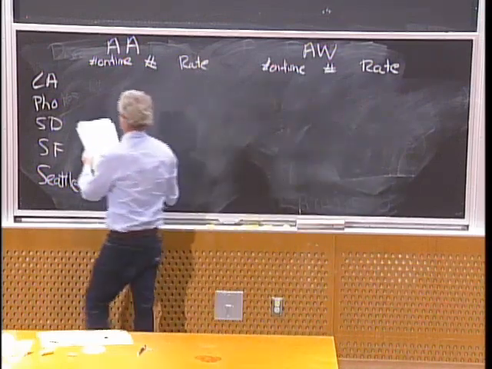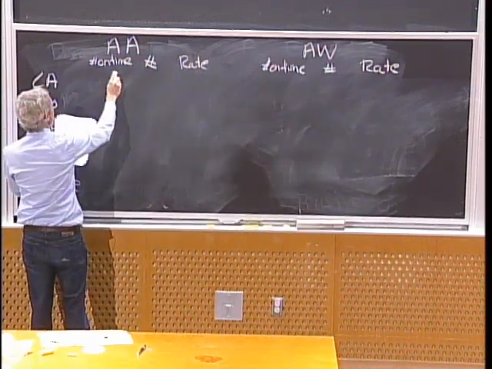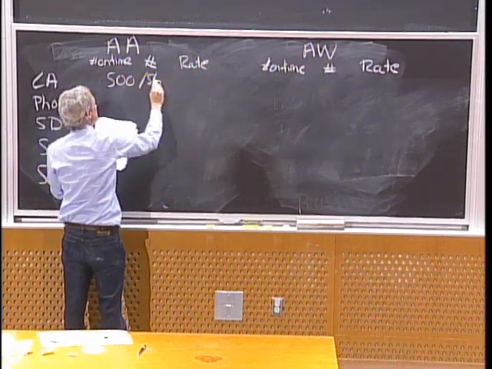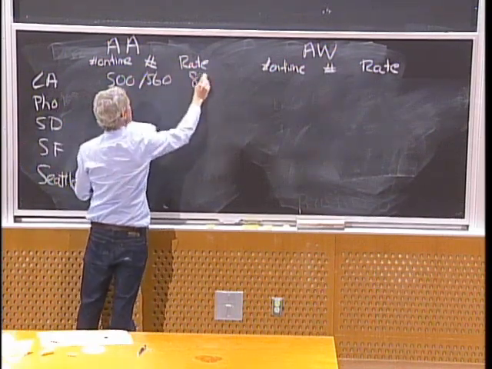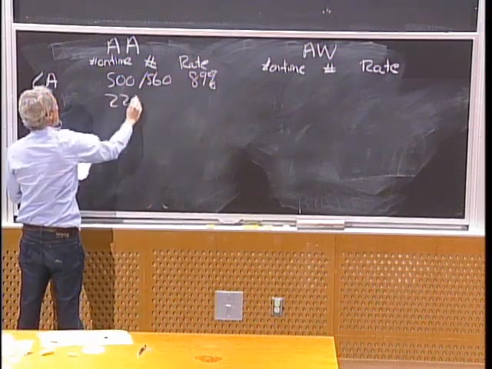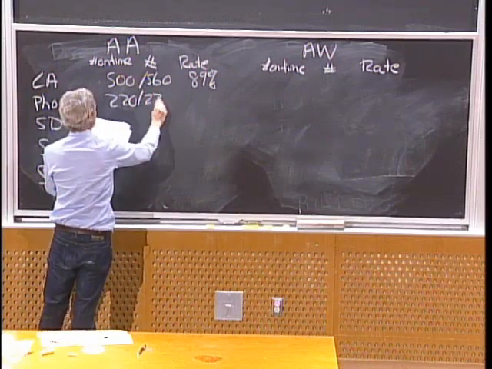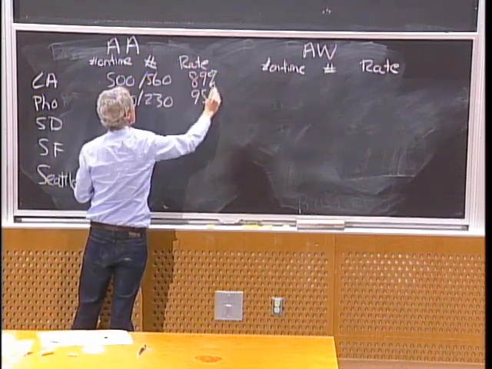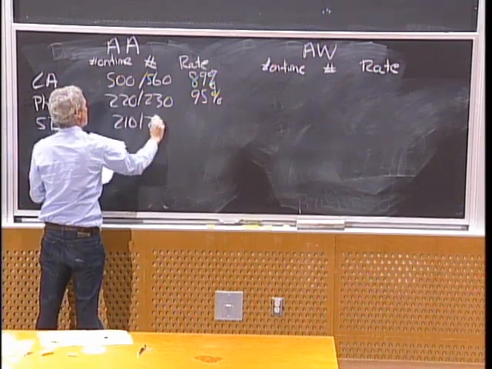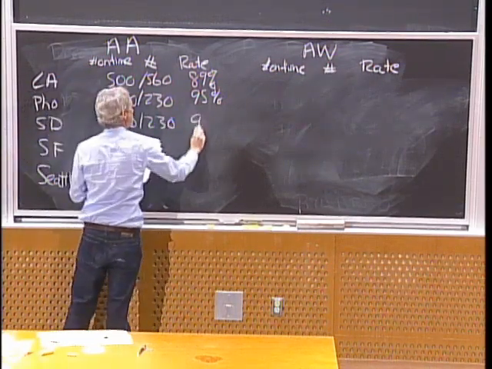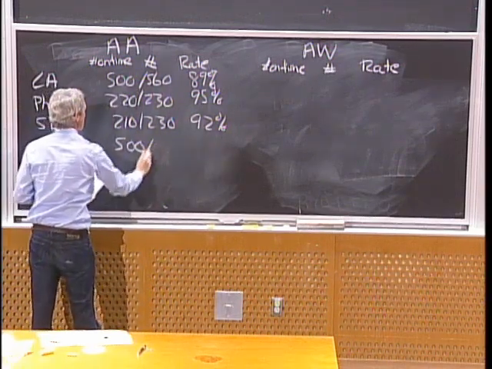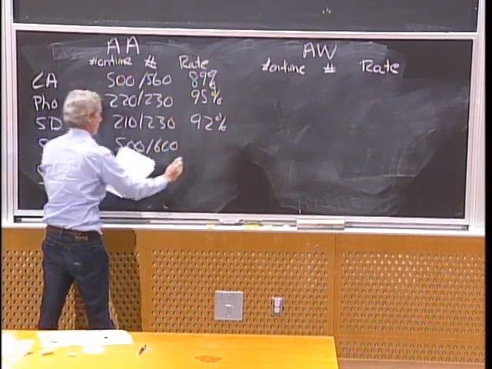All right, so I'm just going to give you the numbers here. So they had 500 out of 560 for a rate of 89%. 220 over 230 for 95. 210 over 230 for 92%. 500 over 600 for 83%.